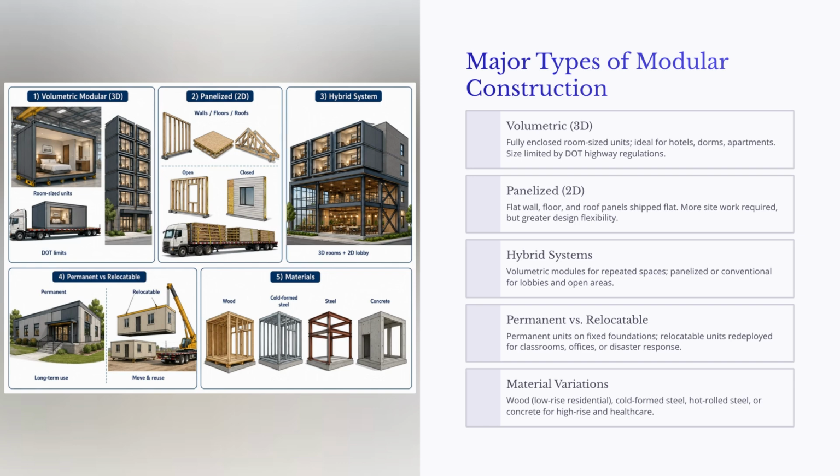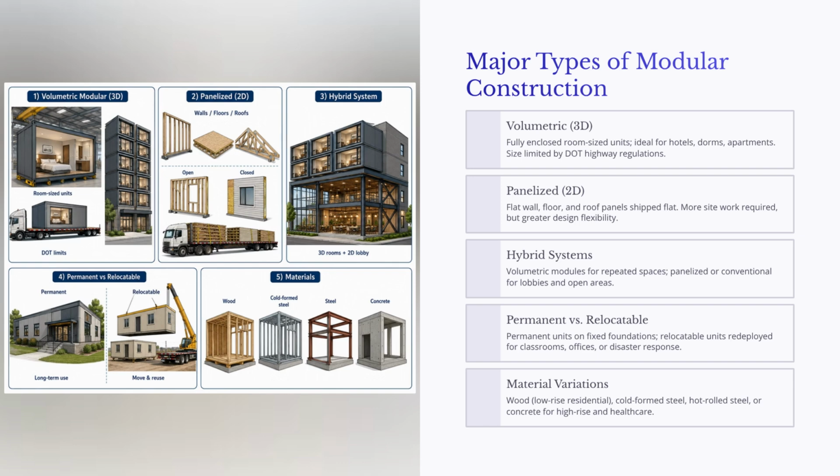This allows the project team to use factory production where repetition is strong while still preserving flexibility where it is needed. The slide also shows the difference between permanent and relocatable modular buildings. Permanent modular buildings are attached to foundations and intended for long-term use. Relocatable units, by contrast, are designed to be moved and reused at different locations.